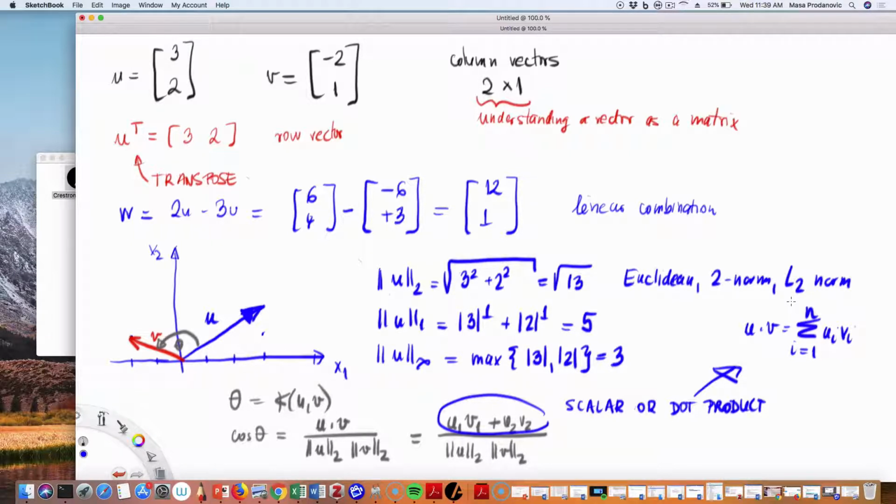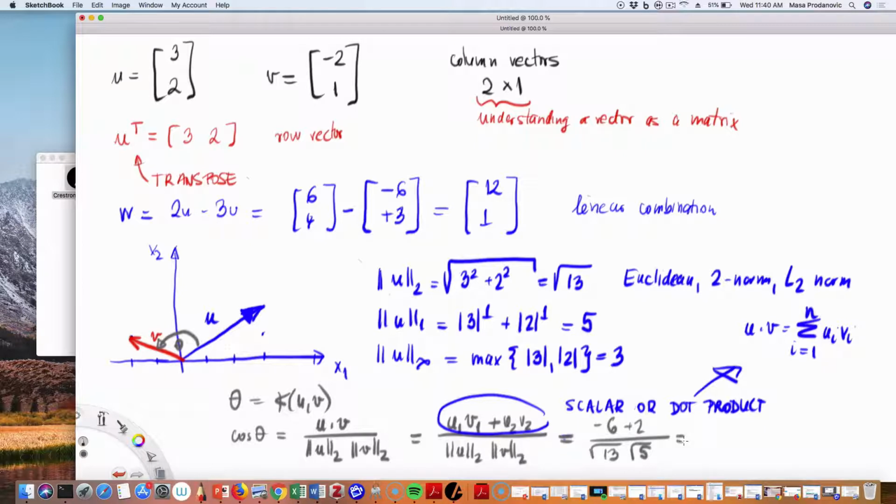Dot product. All right. So let's actually compute the dot product of this thing here. U1 V1 is, I'm going to continue in the same color. So 3 times minus 2 minus 6 plus 2, divided by, we already did, this is square root of 13. What is V? Square root of 5. Thank you.